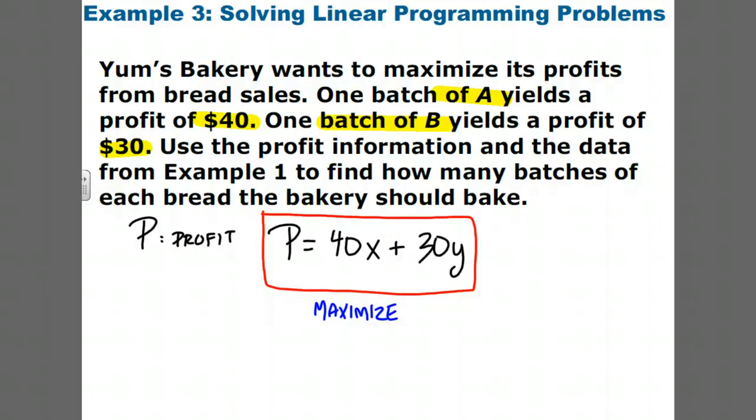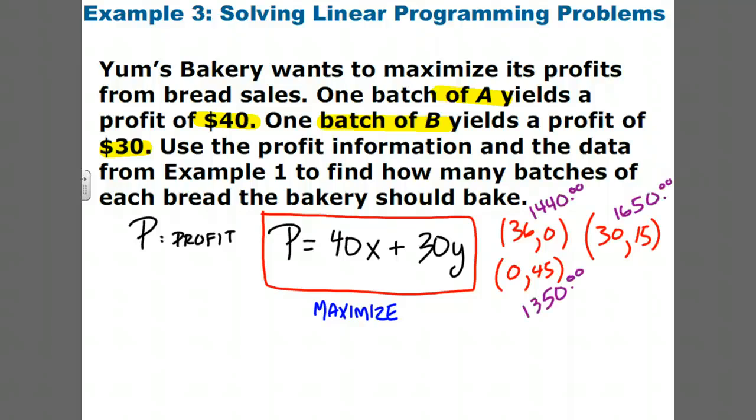So those points were 36, 0, 0, 45, and 30, 15. So when you substitute those values in for x and y, one of them is going to give you the maximum profit. So we'll run those numbers and determine which one works.